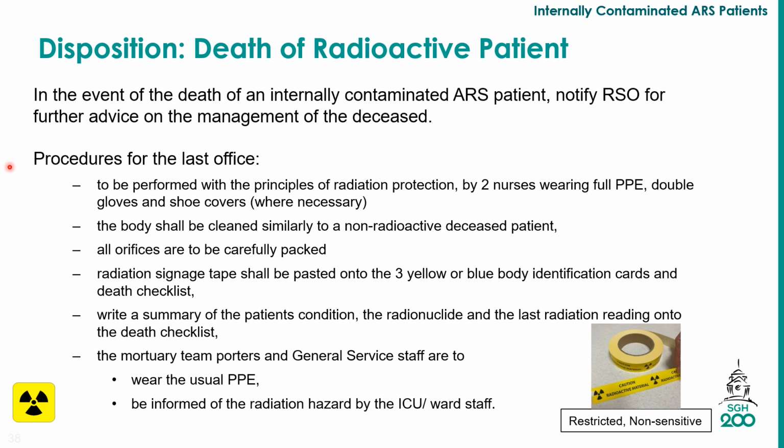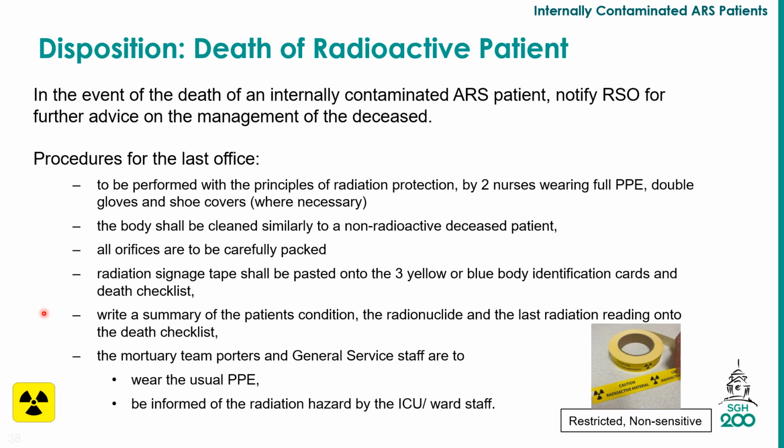The procedure for the last office is to be performed with principles of radiation protection by 2 nurses wearing full PPE, double gloves, and shoe covers where necessary. The body shall be cleaned, similarly to a non-radioactive deceased patient. All orifices are to be carefully packed. Radiation spillage signs shall be pasted onto the 3 yellow and blue hard copy identification cards and death checklist.